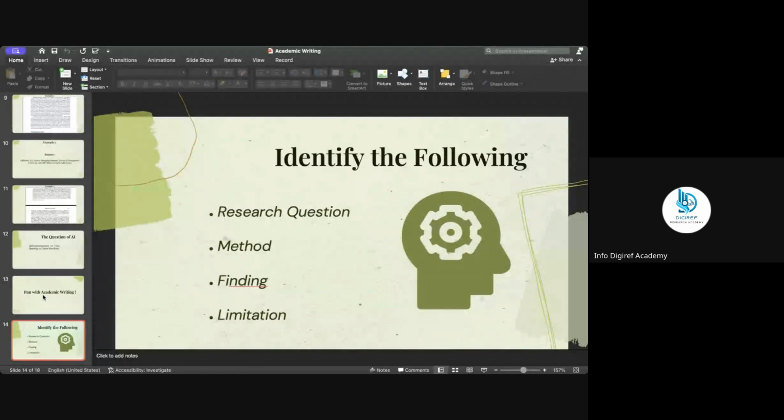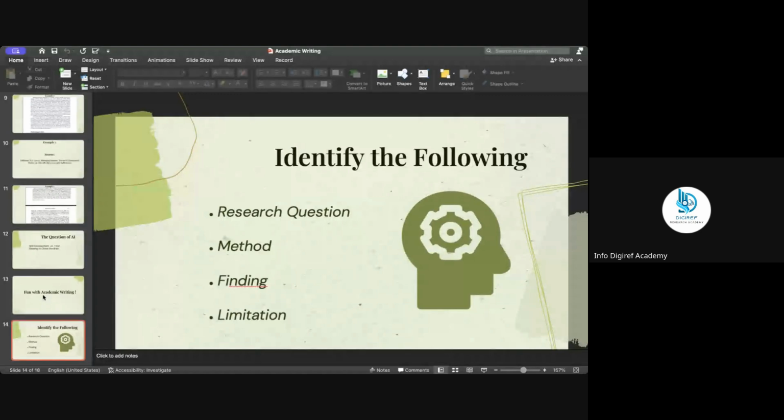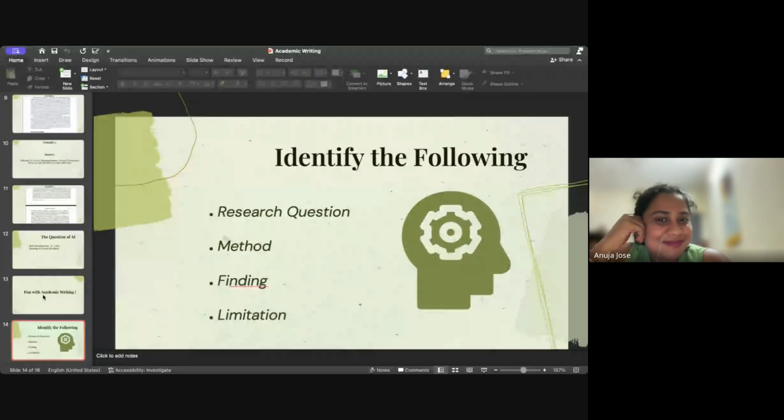Next point. Supriya Yadav. Research question: how curiosity killed the cat. Method: personal experience. Findings: limitations or lack of experience. And limitation: holistic understanding of the situation. Curiosity killed the cat. How is that a question?